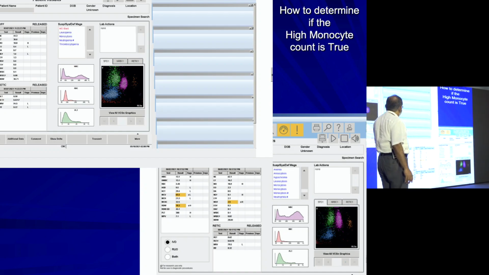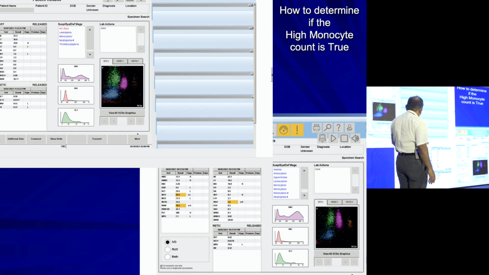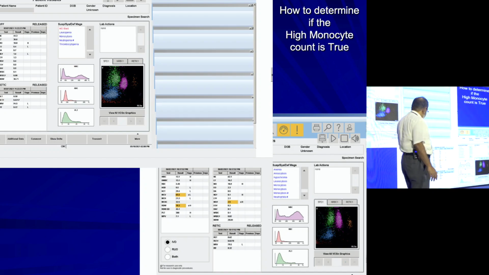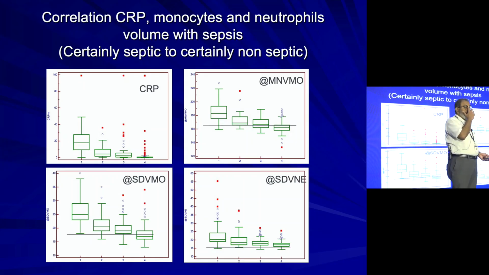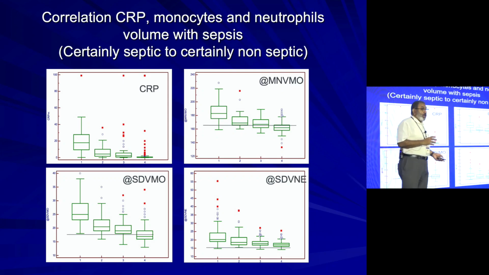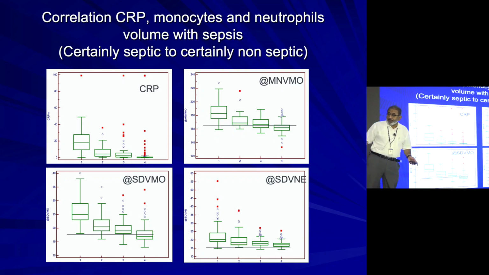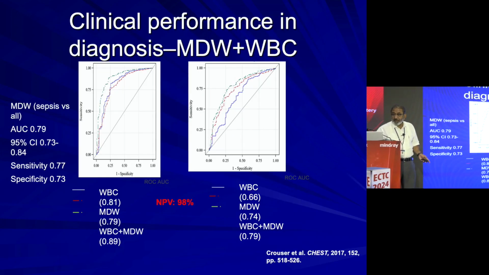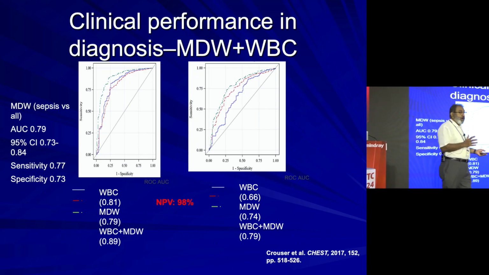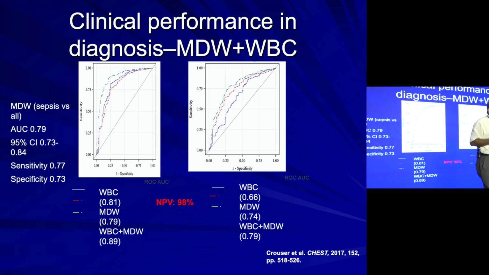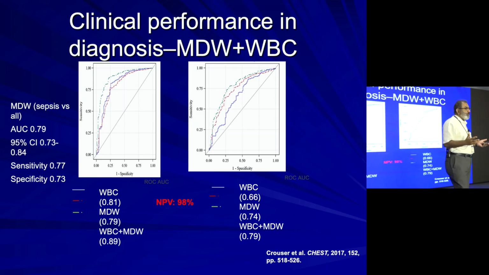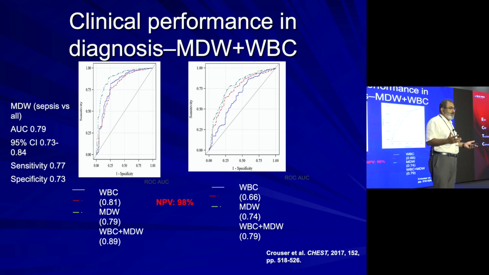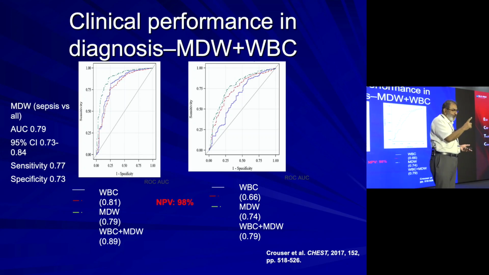There was a huge study that came from Netherlands or Belgium, from Erasmus, which talked about monocytosis as a very good marker for sepsis, and they came up with a parameter called MDW, monocyte distribution width. Do you think it's a true parameter?